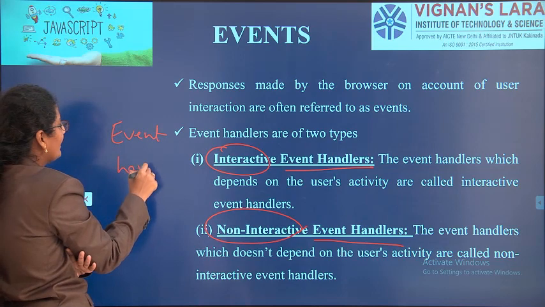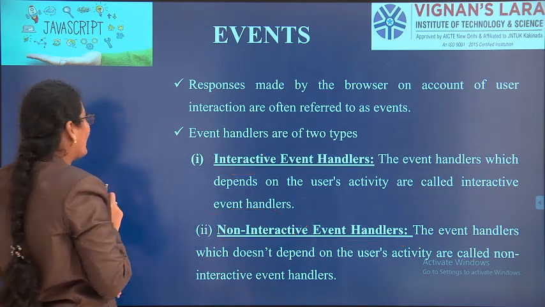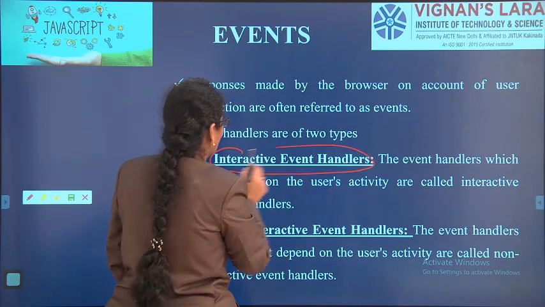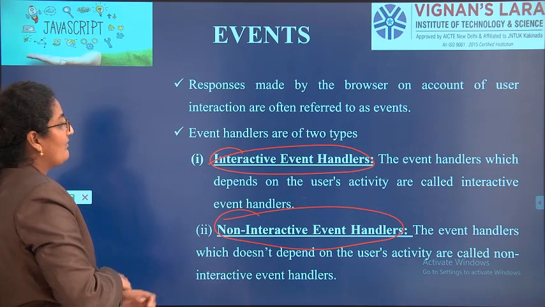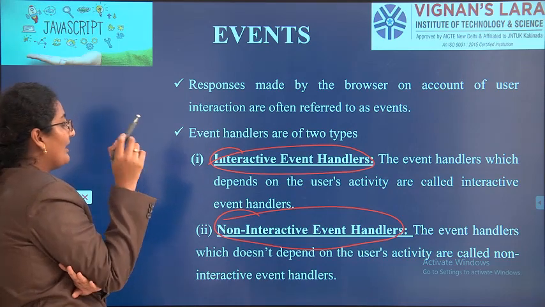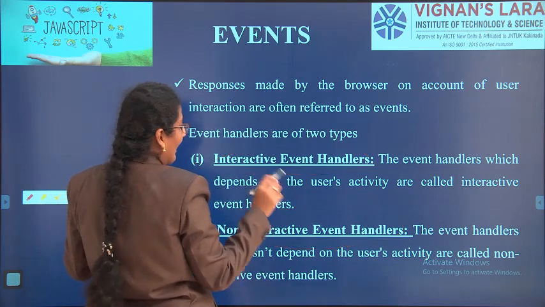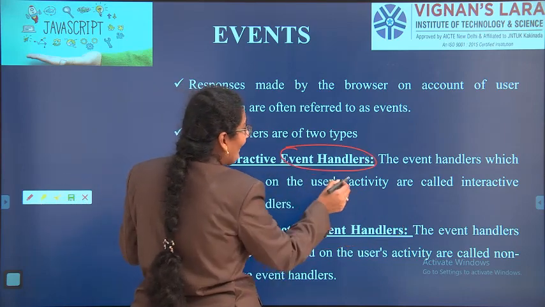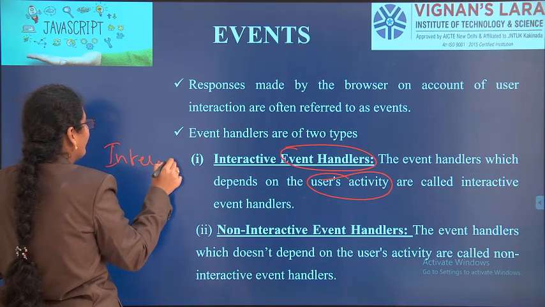To handle this event, we have event handlers. Event handlers are of two types: interactive and non-interactive. What are interactive event handlers? The event handlers which depend on user activity are called interactive.